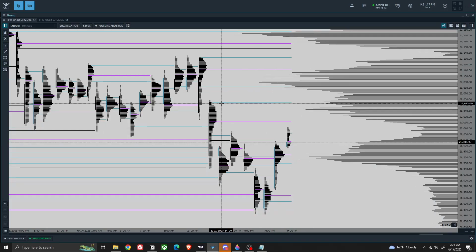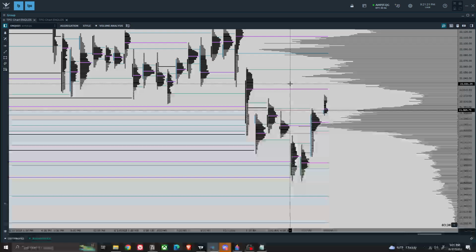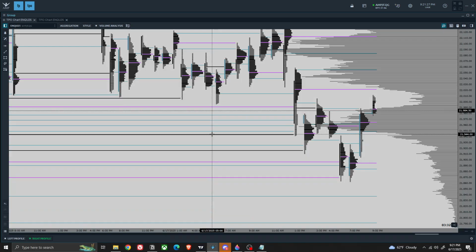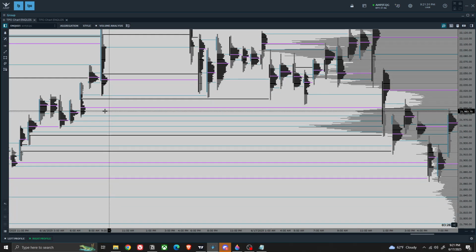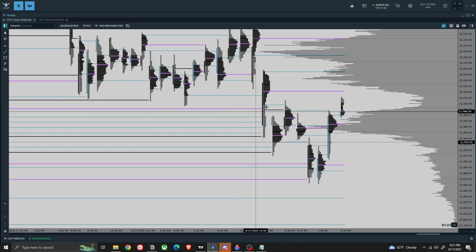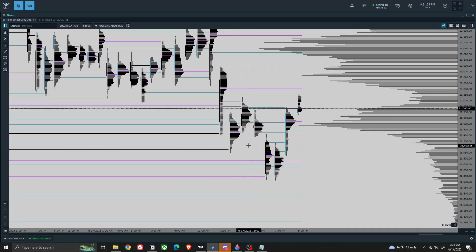If you see this line here, anything above it would be premium and below it would be discount, for example. So at this level here, if you see the single print, there's a lot of value areas that are unmitigated, and it could act as a discounted level, which is going to be better to buy off of.